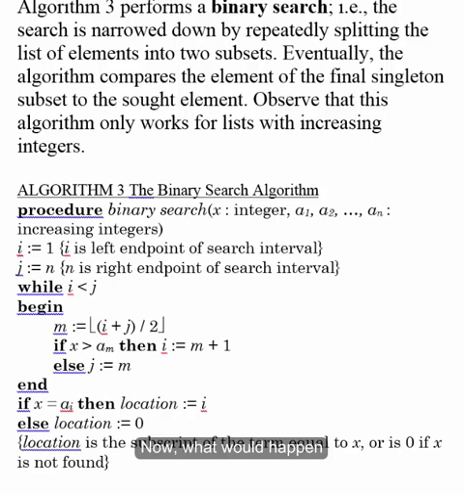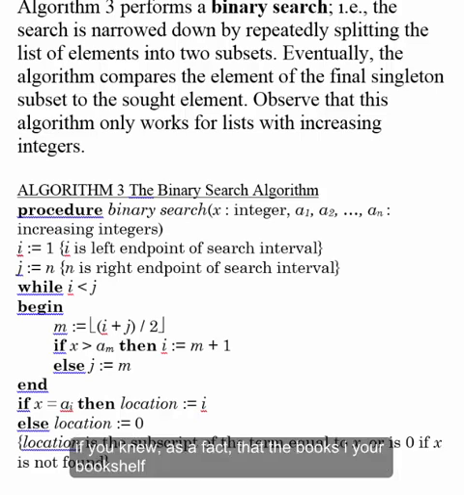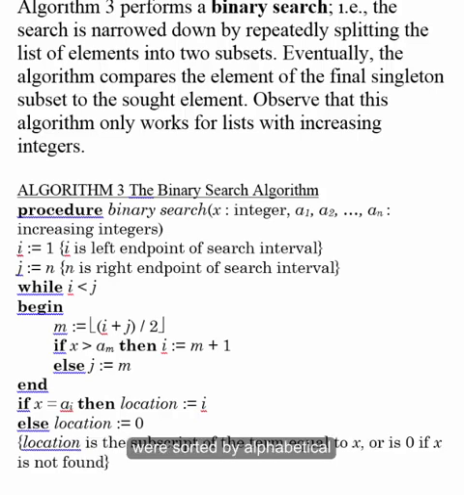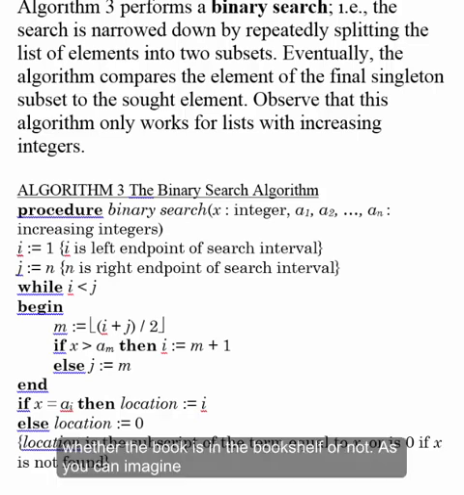Now, what would happen if you knew as a fact that the books in your bookshelf were sorted by alphabetical order? Well, things will be much easier. It will be easier to know, faster to know whether the book is in the bookshelf or not.